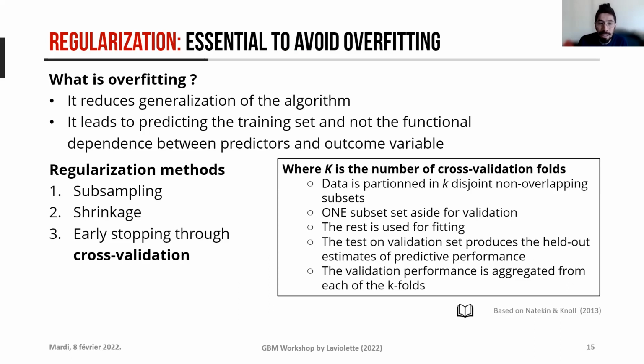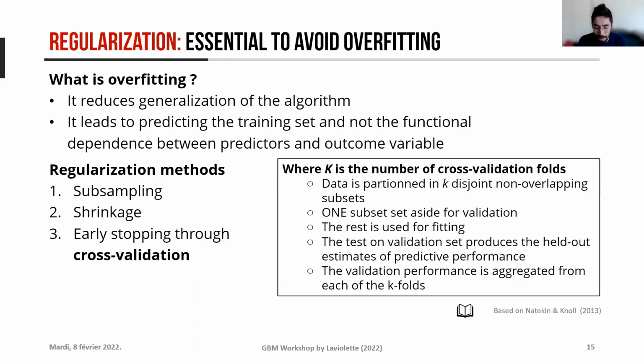The algorithm tests every time a new tree is added. It also tests on the 1/5 of our training set that is not used for training, but only used for testing. And then the validation performance is aggregated over each of those folds, because the process is repeated for each of the 5 by holding out each of the 5 subsets independently.